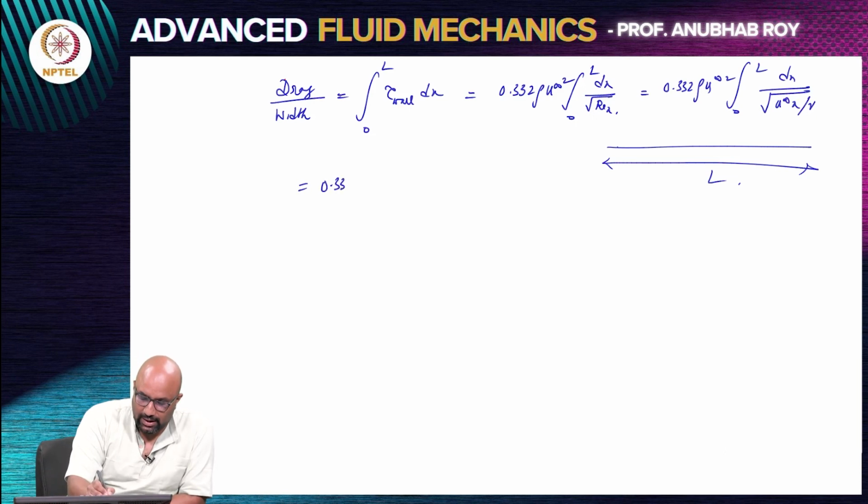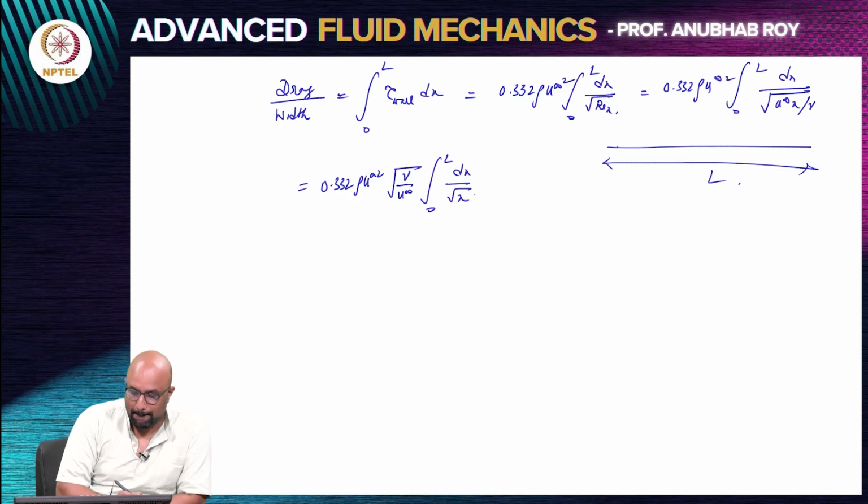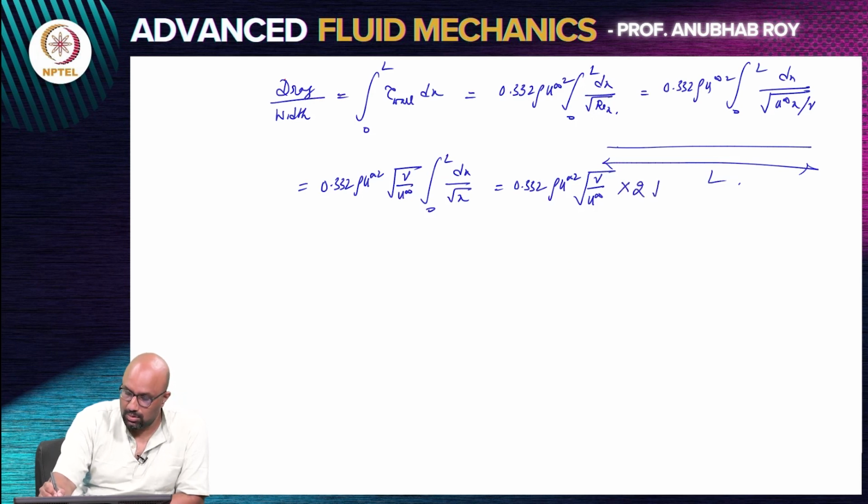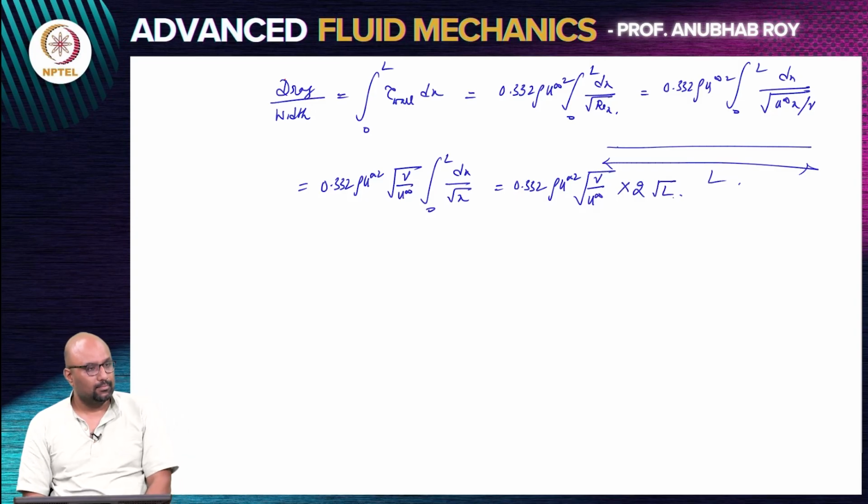So, I can take all the constants outside: square root nu by u infinity, integral 0 to L dx by square root x, which would be rho u infinity square root nu by u infinity and then into 2 root L. On integrating 1 by root x from 0 to L, you are basically going to get 2 root x between 0 and L, and that gives you 2 root L.